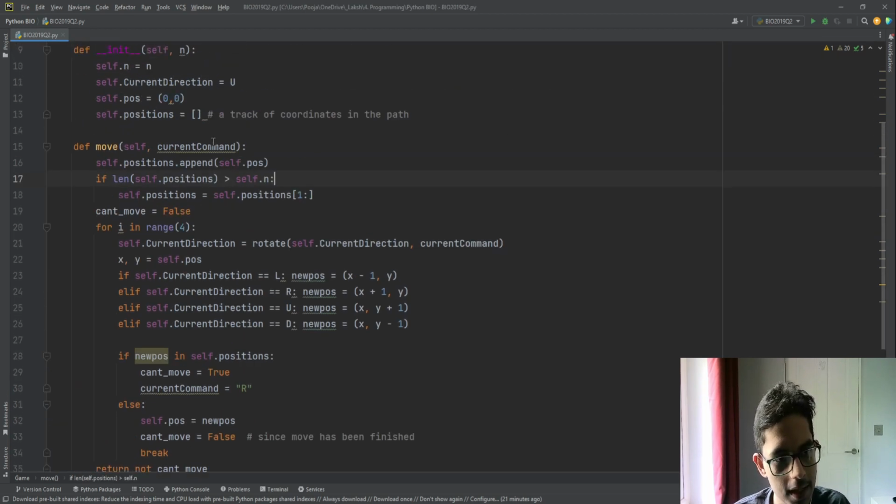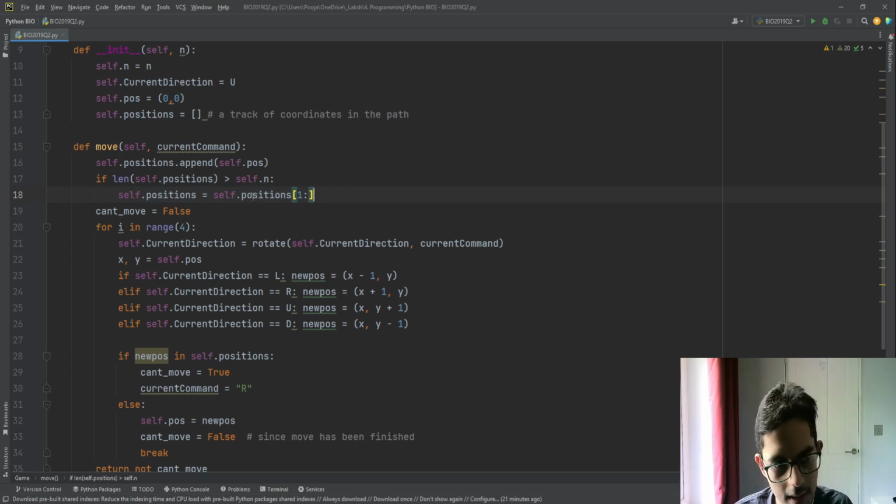And then if the length of the positions array is greater than self.n, so what this means is if the trail length is greater than whatever the length of the trail is, then we just remove the first element. So the new self.positions array is the previous self.positions array, all of that apart from the first element.